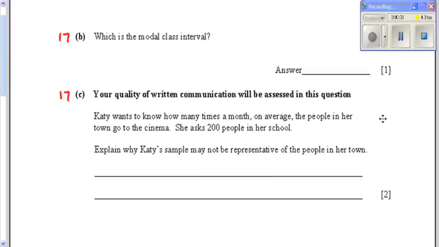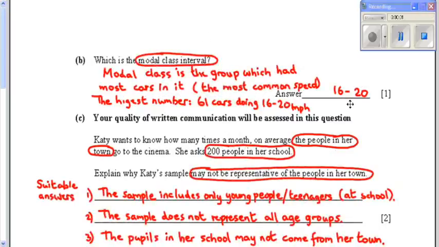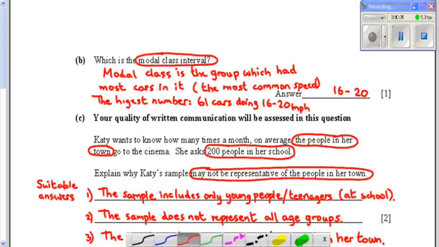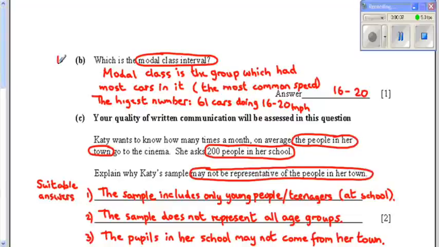Okay, there's 17b and 17c, and this refers back to the table in the last part, 17a. So you need to wind back just to see what the modal class interval is. Okay, so the solutions for 17, that's question 17b and 17c.